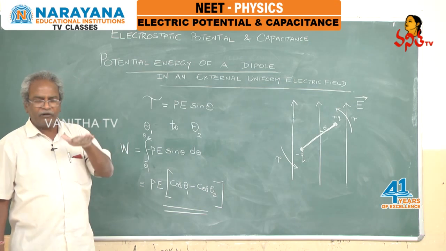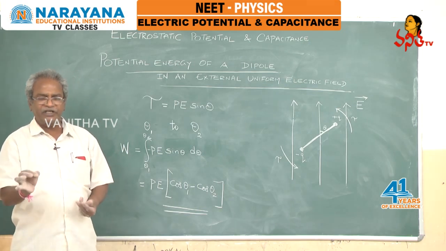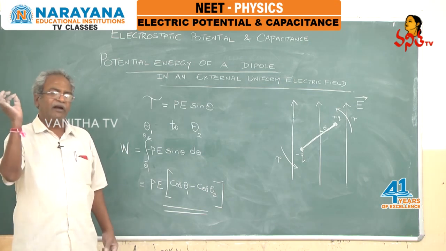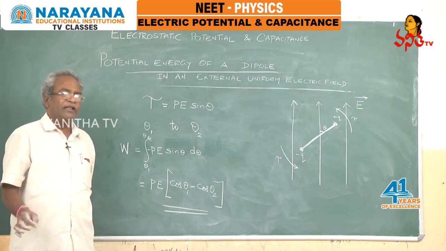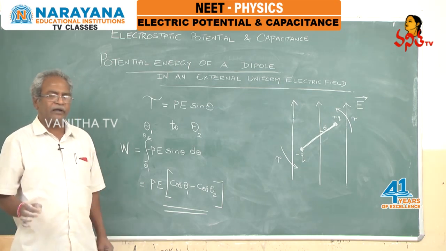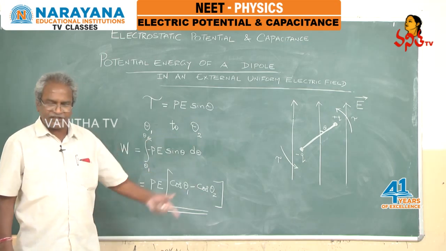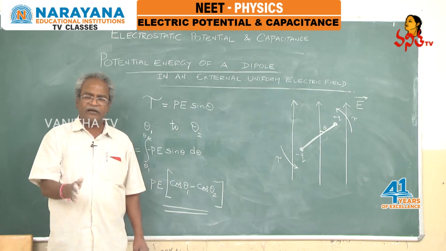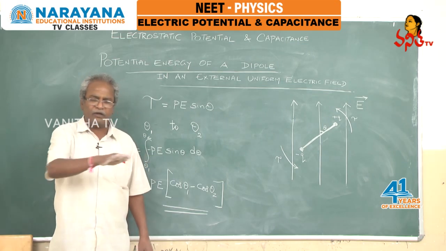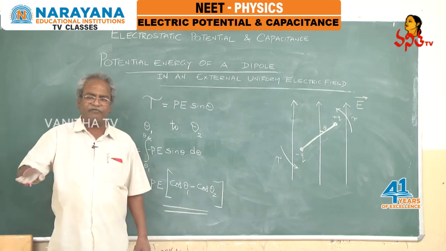Now, why perpendicular to the field? We know potential energy does not possess an absolute value. The potential energy is to be calculated according to the zero reference position chosen. In this context, the position of the electric dipole is perpendicular to the external electric field.